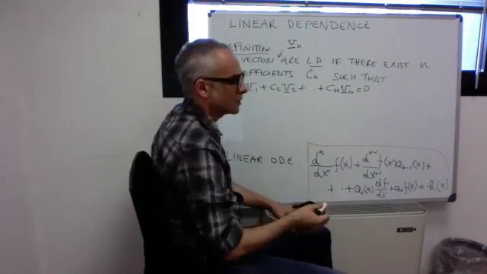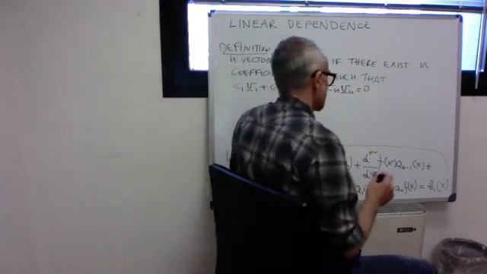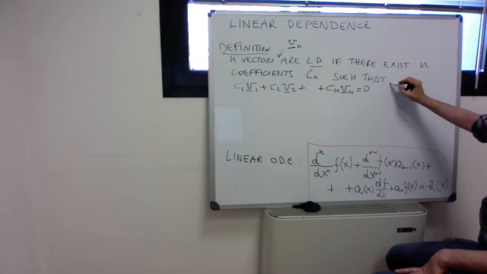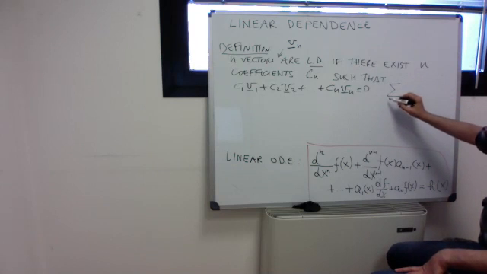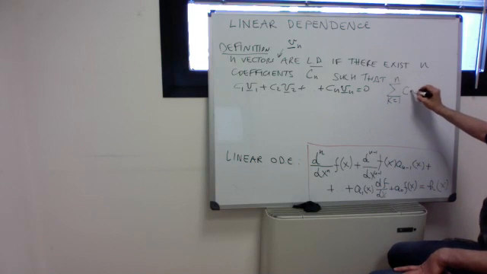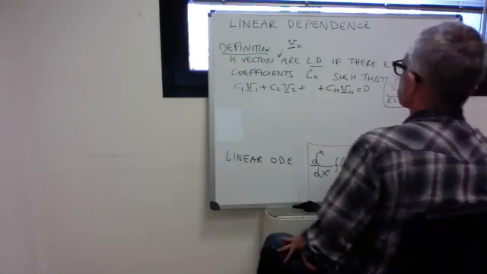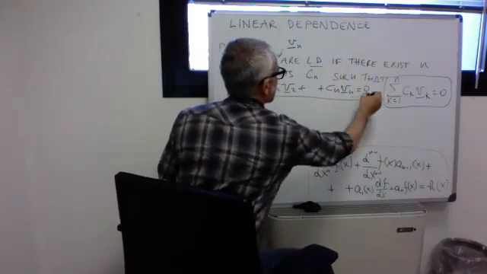You have to get used to these things if you aren't yet. The compact way of writing is big sigma with k that goes from 1 to n of Ck Vk equals 0. Okay, so these are two ways of writing the same thing.